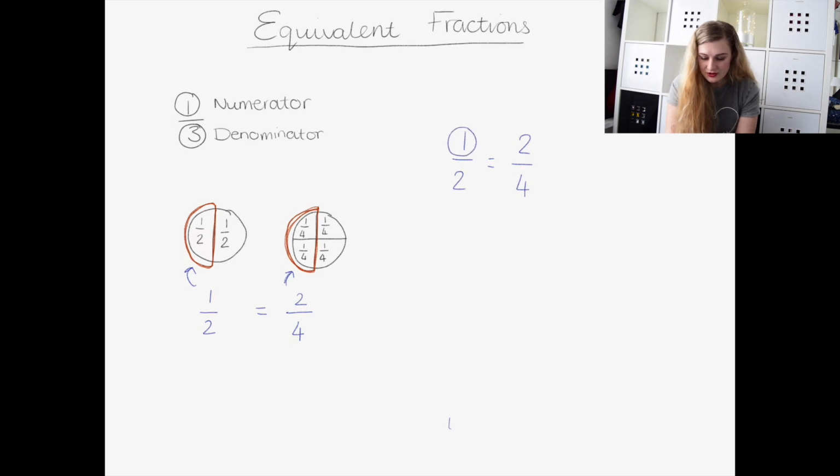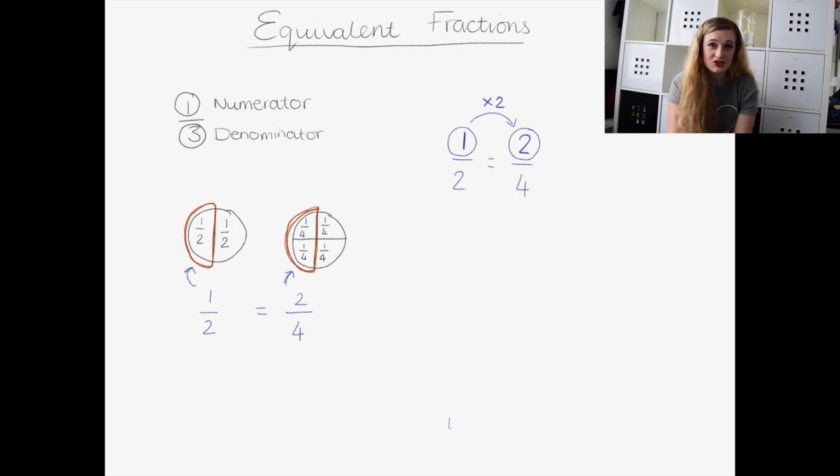If I look at the numerator on the other side, I have got the number 2. Now, each of these have to go through a process to make it equivalent. If I look at these numbers, I can see what I have done is I have timesed the numerator by 2. 1 times by our 2 gives us 2.